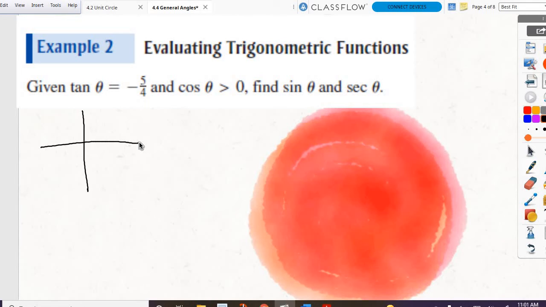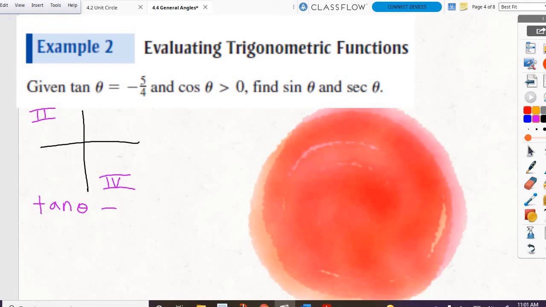But what do we have to figure out? Our r, but what else? If I want to draw a picture, where it is, right? So am I going to be in my first quadrant? No, because tangent is negative. So in what quadrant is tangent negative? Second and fourth.